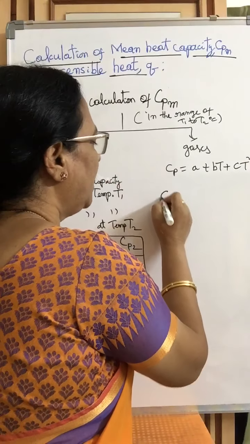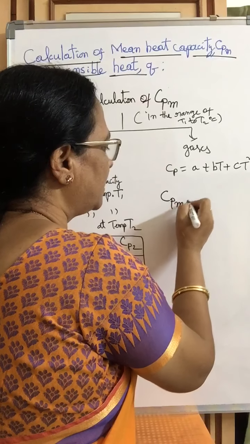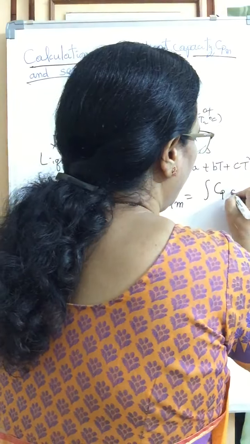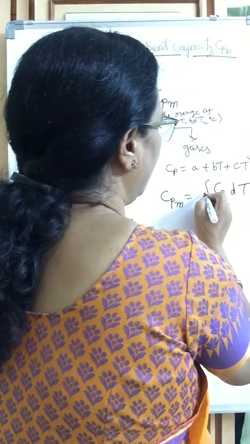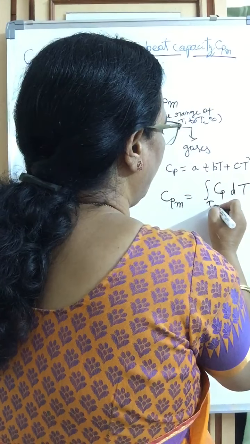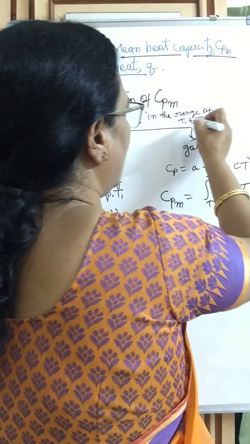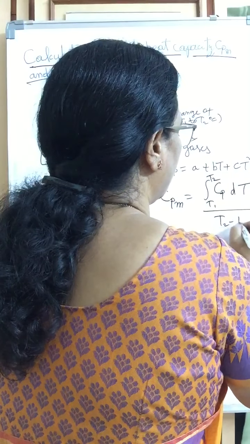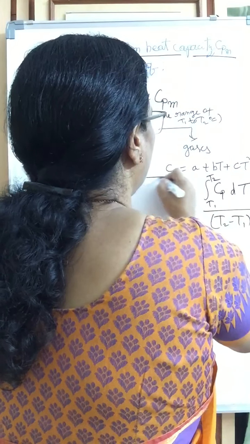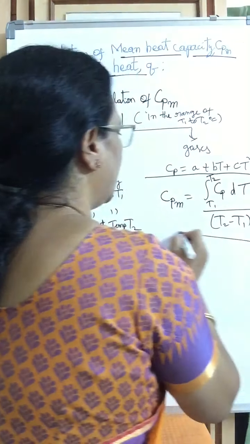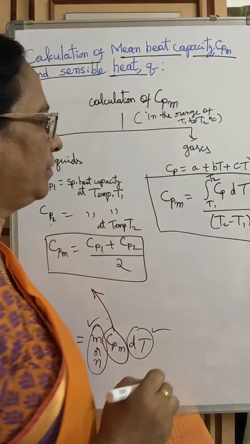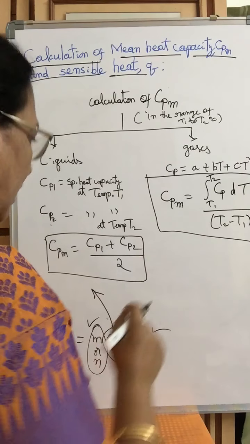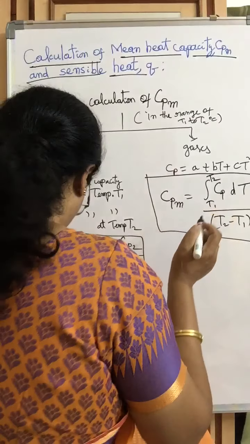Then Cp mean, in this case, is the integral of Cp dT from T1 to T2, divided by T2 minus T1. This is how to calculate Cpm.